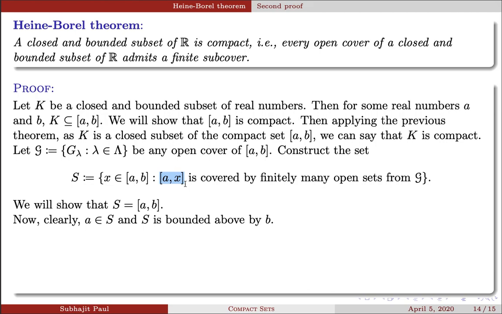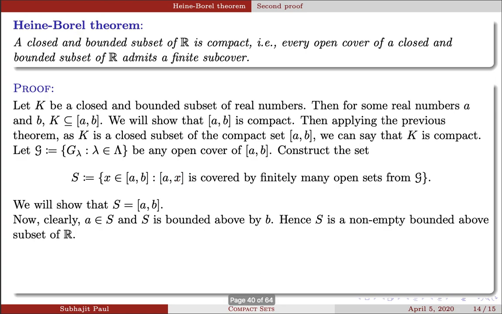So to cover a singleton point, we only need one open set from script G. So the point A is definitely inside S, because the closed interval [A,A] is covered by finitely many open sets from G. Also, S is bounded above by B, because the points are coming from the closed interval [A,B], so it cannot go beyond B. So A is a point in S and S is bounded above by B.